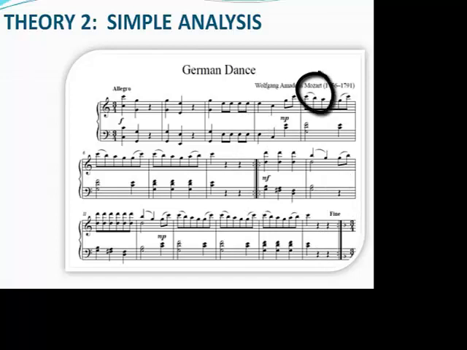You may be asked to find a harmonic major third. You may be asked to find and circle a dynamic marking that means medium quiet. So there's lots of things in this one piece of music that you would be able to find and identify. And it all relates back to the theory that we're learning.